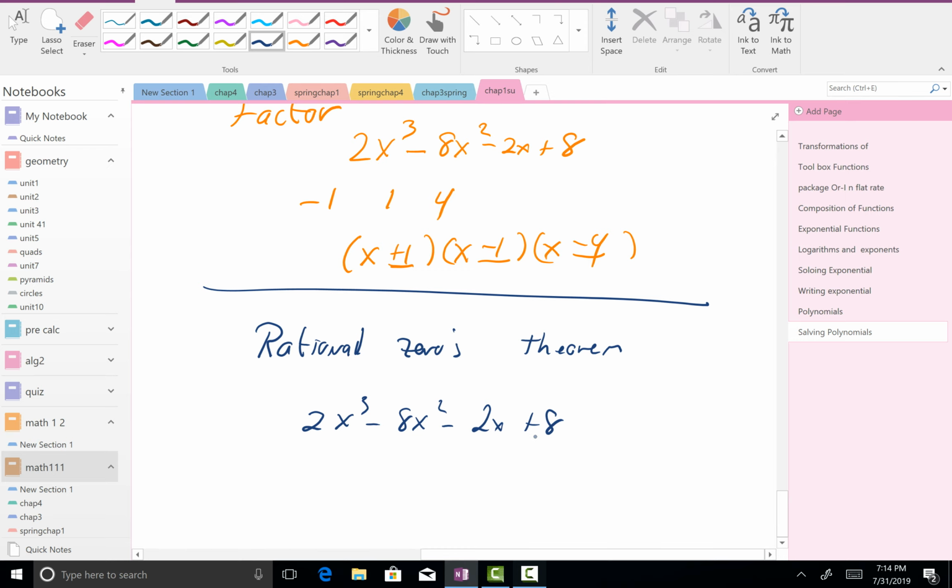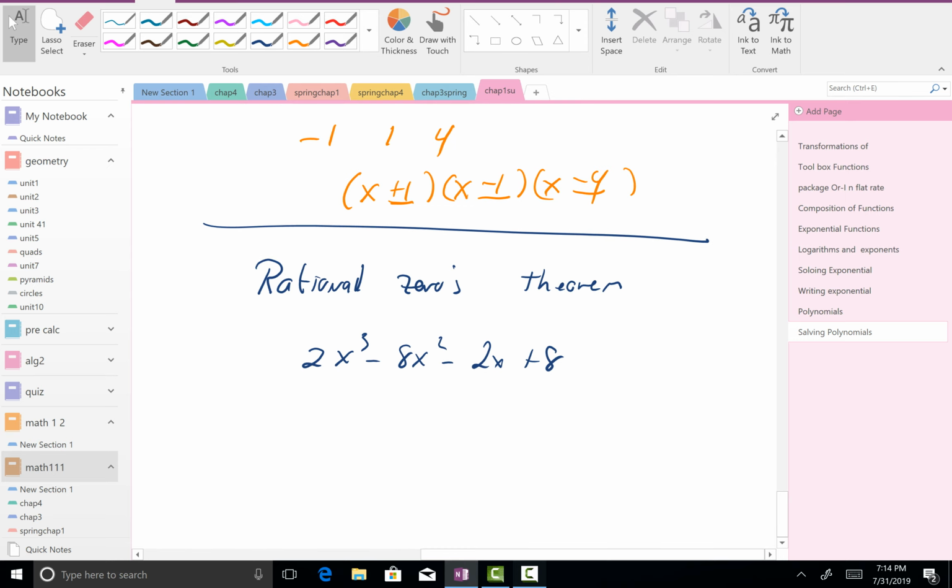It says that if you take all the factors of that over all the factors of this: plus or minus 1, because 1 and 2 are factors of 2, the only ones we got, over 8. 1, 2, 4, and 8.